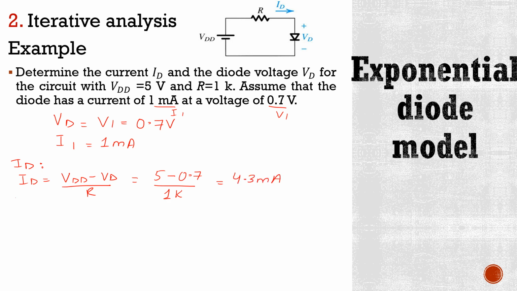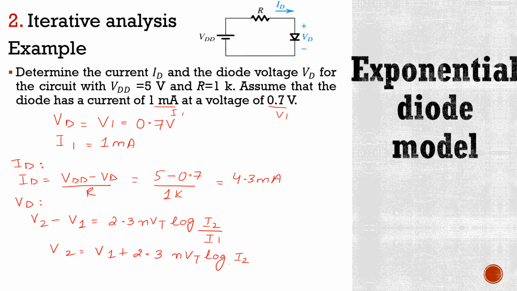Now how are you going to find Vd? This can be done by employing the equation that we have derived earlier. This equation is V2 minus V1 is equal to 2.3 NVT log I2 divided by I1, or V2 is equal to V1 plus 2.3 NVT log I2 divided by I1.